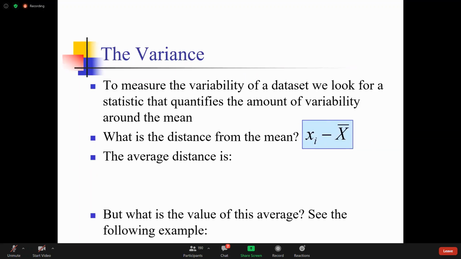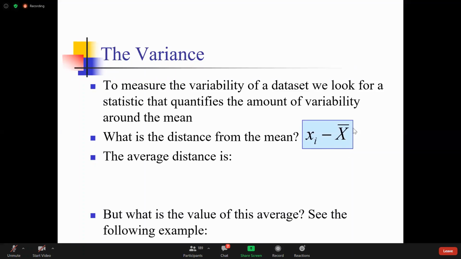So the question before us is, how do we measure the variability of a data set? One theory is that the best way to measure the variability is how far these points are from the mean. So xi is any point in the data set.